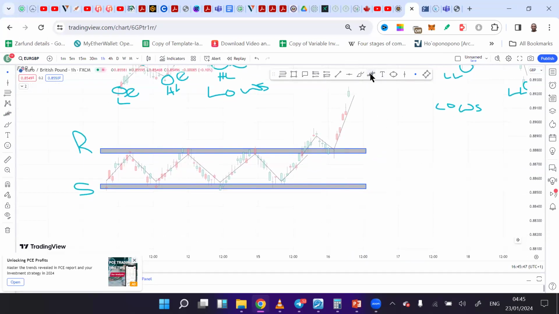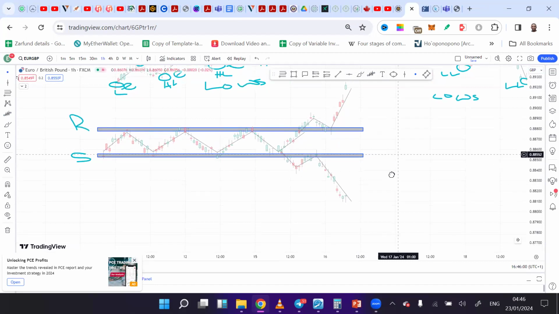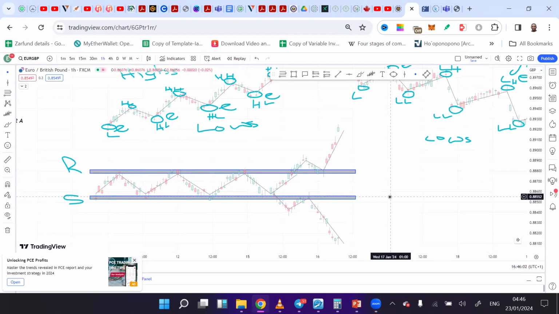Okay? Now, when it breaks out to the bottom here, it means sell opportunities are activated.